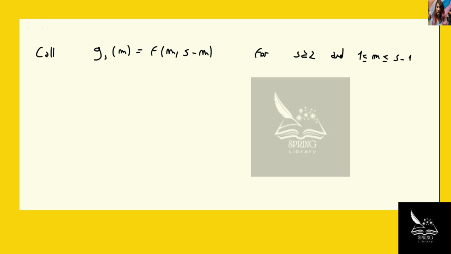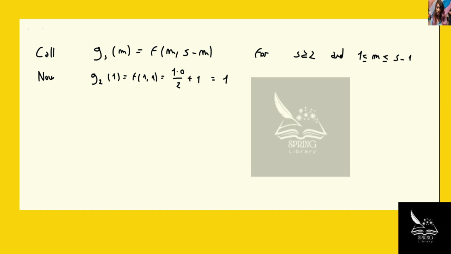So the first case is when s is equal to 2 and m is equal to 1, so the lowest possible values. So g_2(1) is by definition f(1, 1), and by definition of f that's 1 times 0 divided by 2 plus 1, so that's just 1. So good, the function g at the smallest possible value is 1.